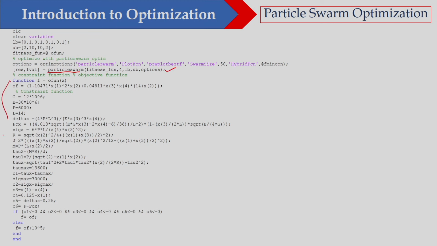So, this part is the same, only thing is that I have defined this value somewhere here. In case of PSO, I have to write the objective function code, so we cannot define the constraint and objective function separately.